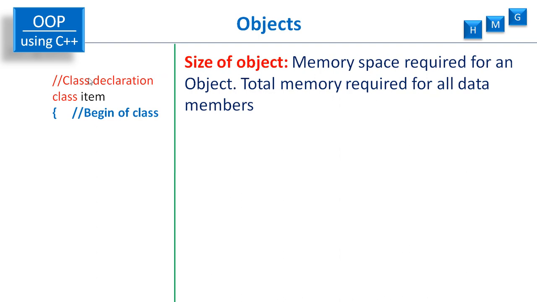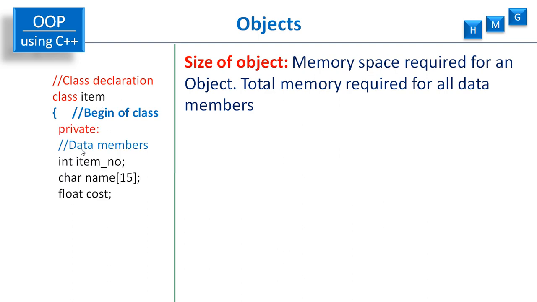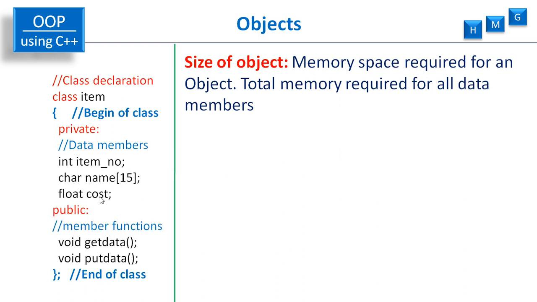Again, define the class item. The same class I am taking as an example. In the private section, I have declared 3 data members or 3 variables: item number, name and cost. In the public section, 2 member functions are declared, get data function and put data function, end of the class.